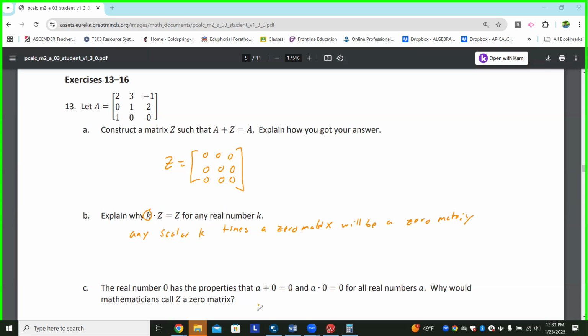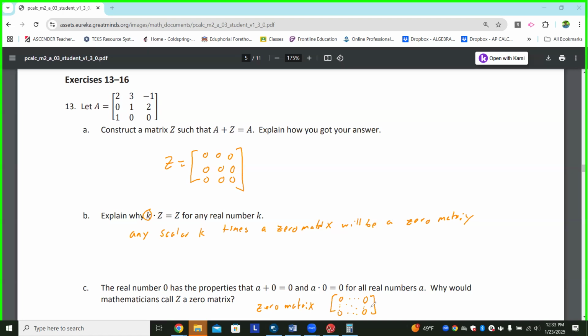A 0 matrix is written like this: 0 dot dot dot, 0 dot dot dot, and so on. The dots are a continuation of zeros in every direction.